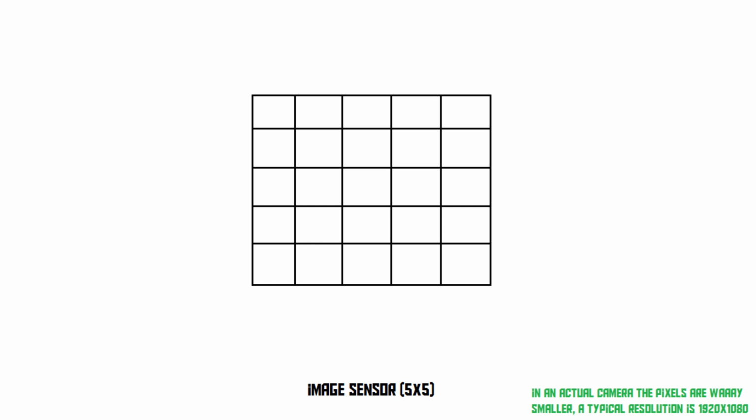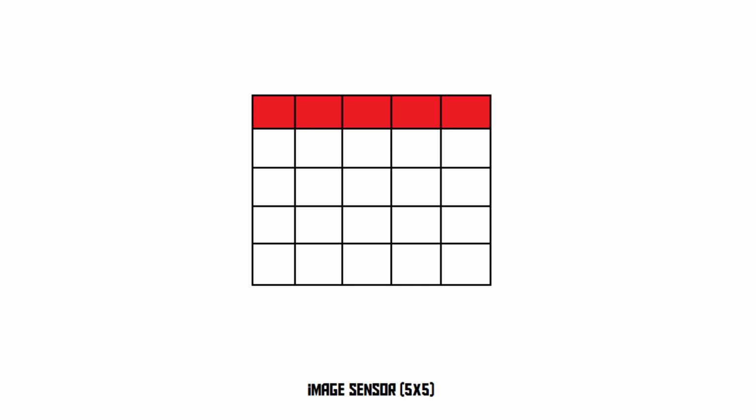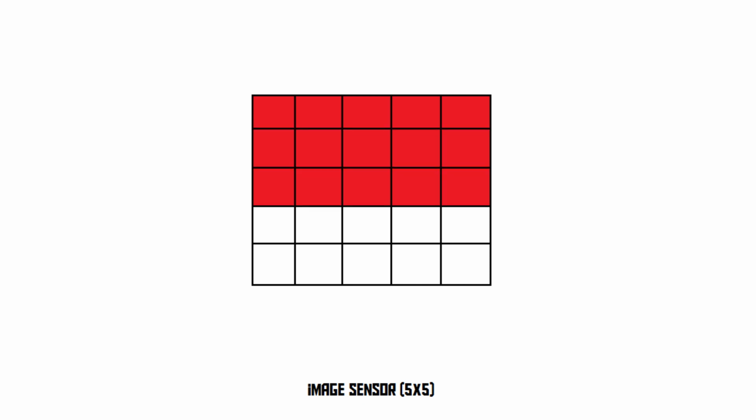We don't take all of these levels from all of the pixels in one go and store them in a file. Instead, we run through this sensor line by line. We start with the top line of pixels, and then we move down and we move down and so on. So we essentially roll across this sensor. That's why it's called rolling shutter.